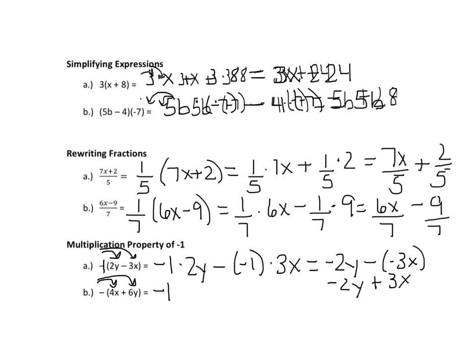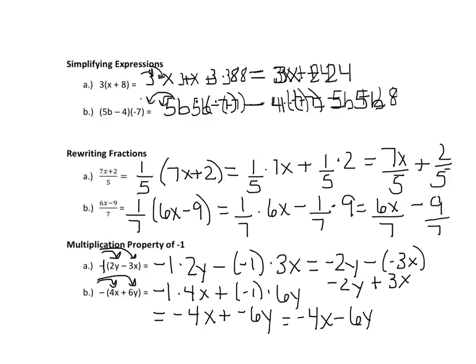So we have -1 times 4x plus -1 times 6y. -1 times 4x is -4x. -1 times 6y will have plus -6y, which is actually -4x minus 6y, because our subtraction really does just represent a negative.